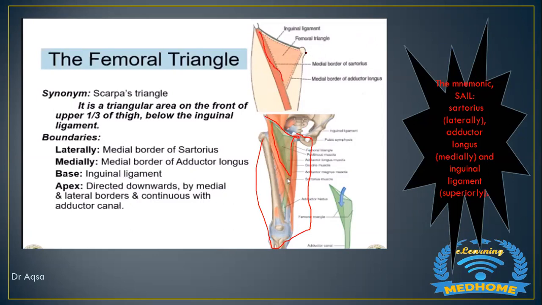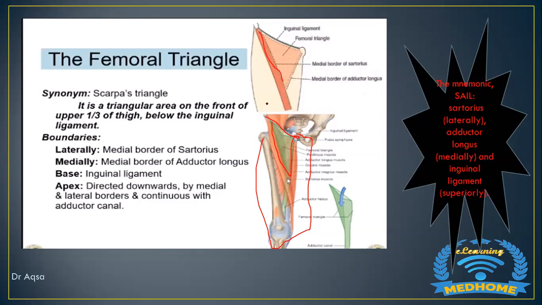S stands for sartorius, which forms the lateral boundary of the triangle.